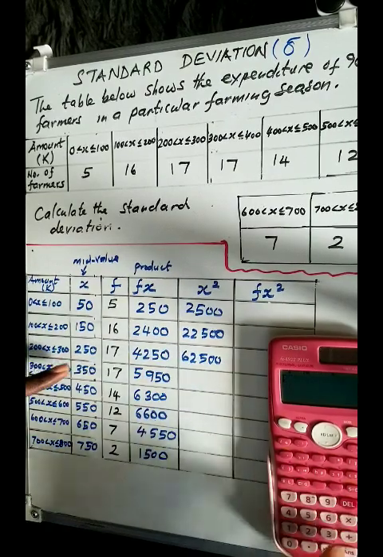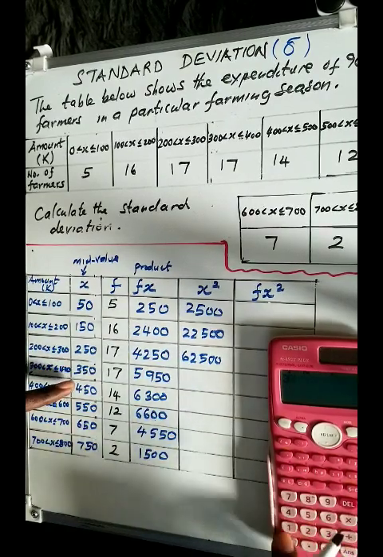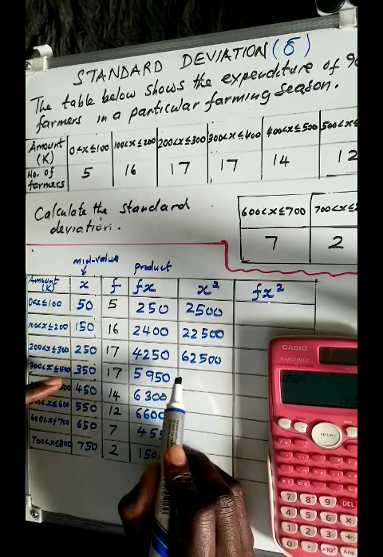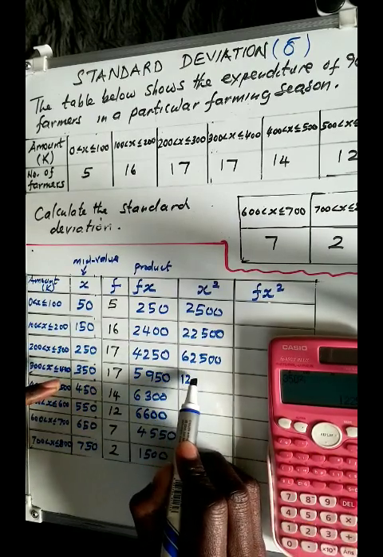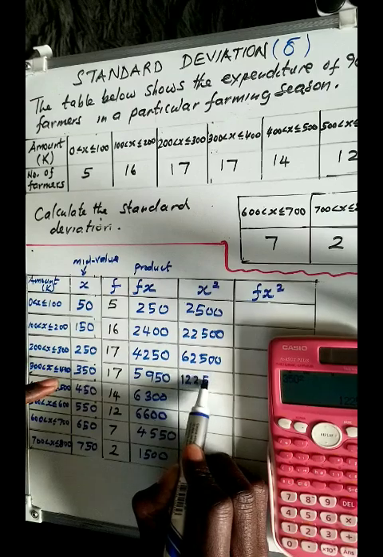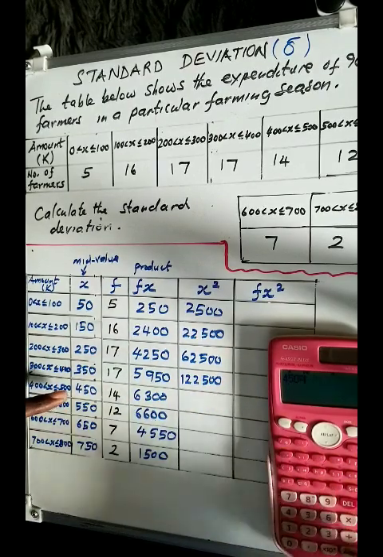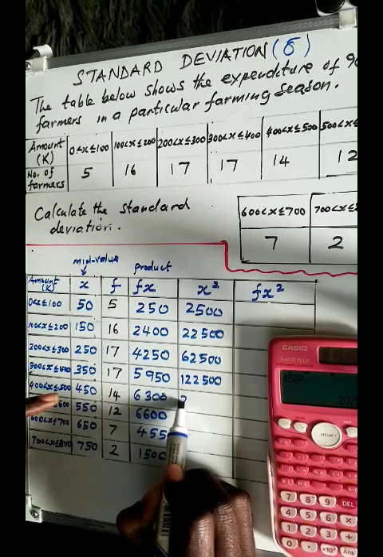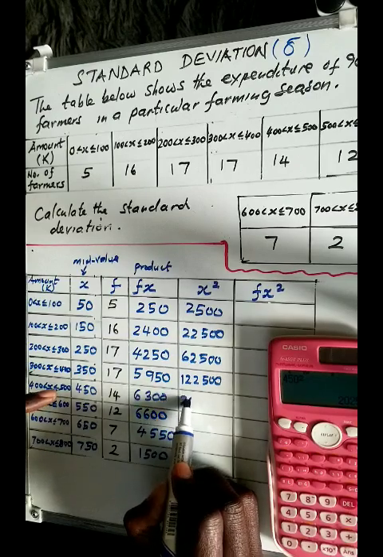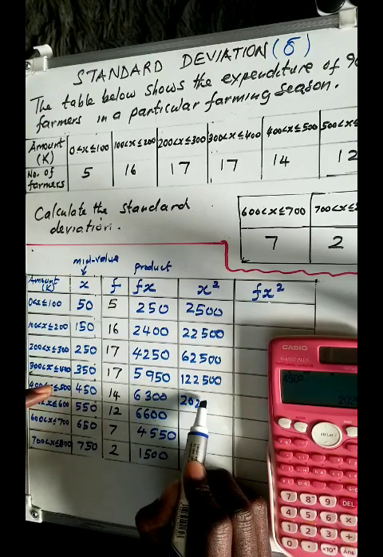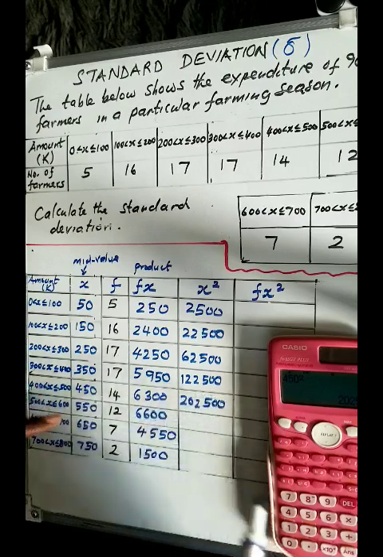Then the next one will be 350 raised to the power 2. That is going to give me 122,500. Then 450 raised to the power 2 is going to give me 202,500.